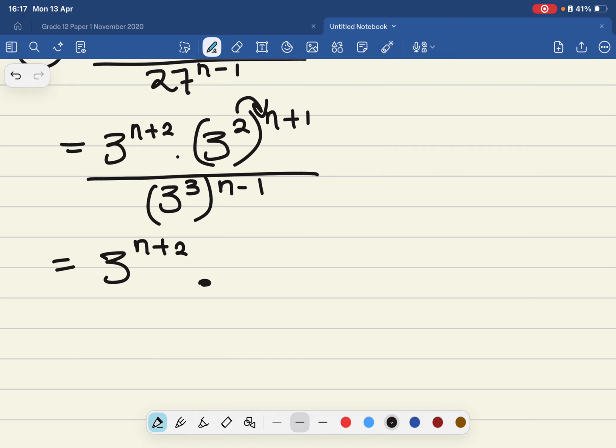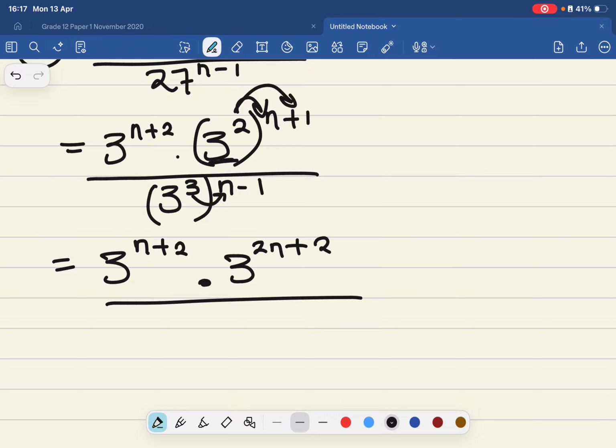This one, multiply this one, and multiply this one. I'm raising a power to another power, so I keep my base, I multiply the exponents basically. So 2 times n is 2n. Then this one times it's plus 2 over this one times this one times this one.